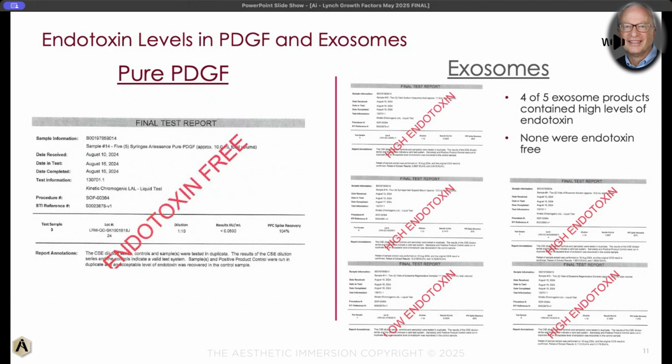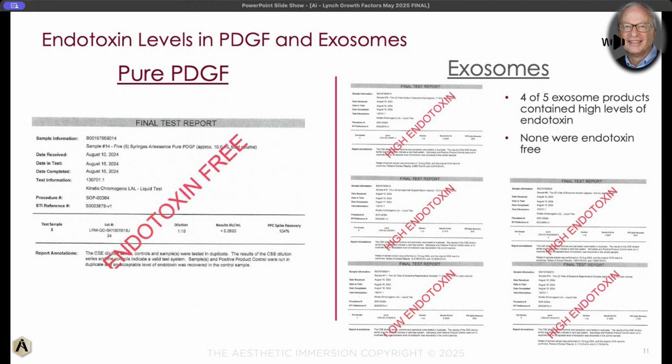Now, I said pure PDGF is, of course, injected in other medical therapeutic spaces, right? So there's a product called Augment Injectable. It's a pure PDGF product, contains the same PDGF that's in Ariessence, right? That is FDA approved for injection into the tissue, into the bone and the tissue, right?